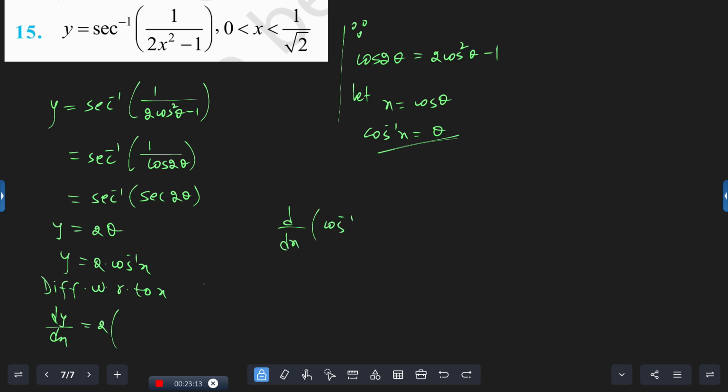Very good, children. The derivative of cos inverse of x is minus 1 divided by square root of 1 minus x square. Sine without negative, cos with negative. So it is equal to minus 2 divided by square root of 1 minus x square, my final answer for the 15th one.